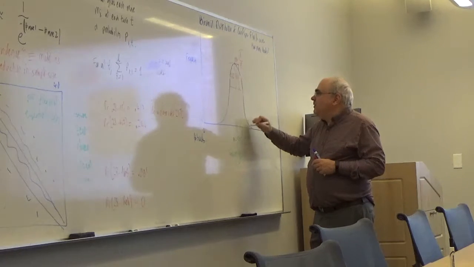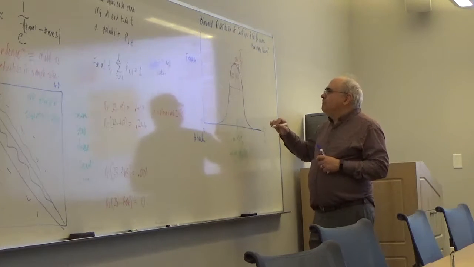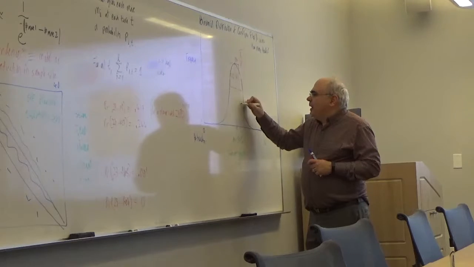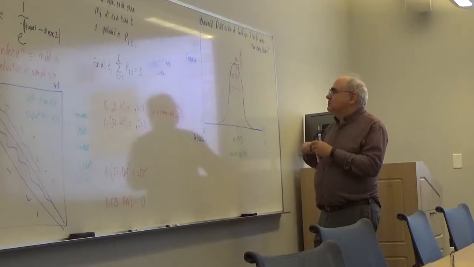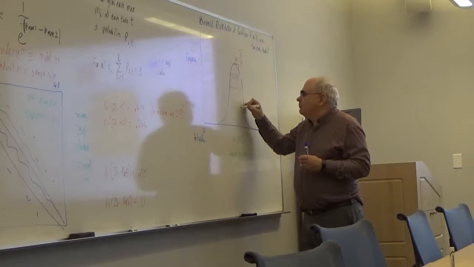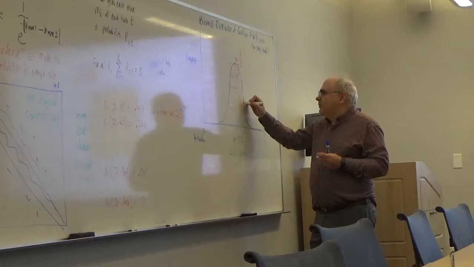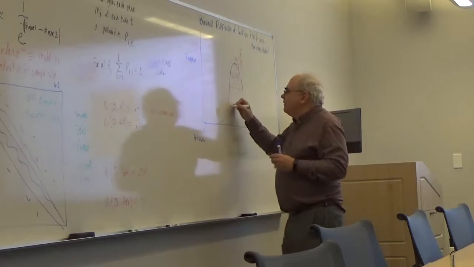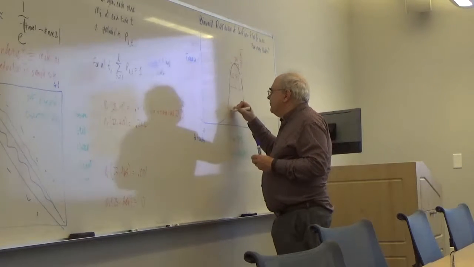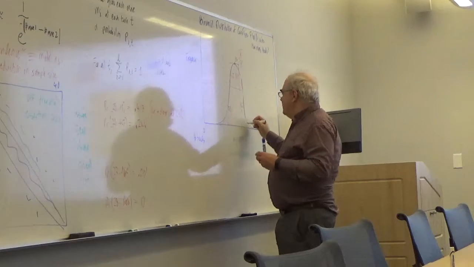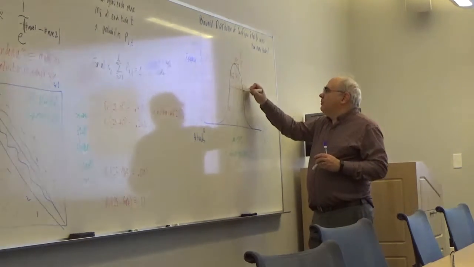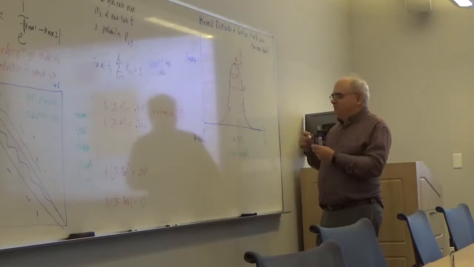And then if we take this area over here, this is about 13.5%. It's actually 13.6 or 7, something like that. And then you have the tails of the distributions, going out past 2 sigma.